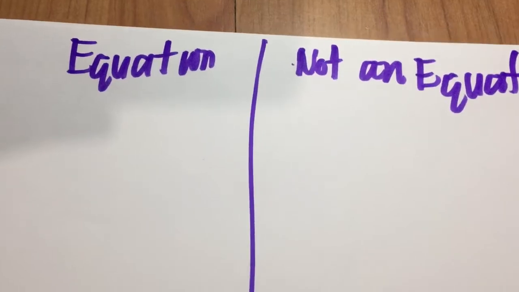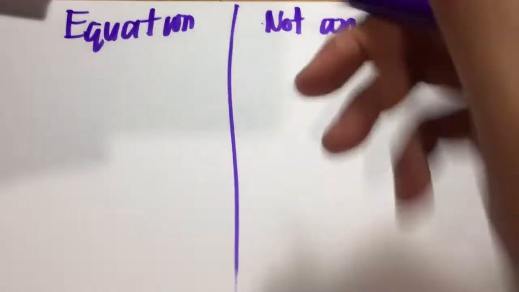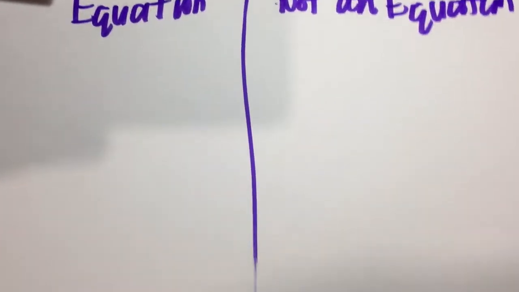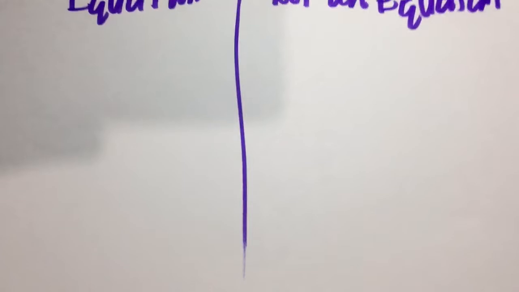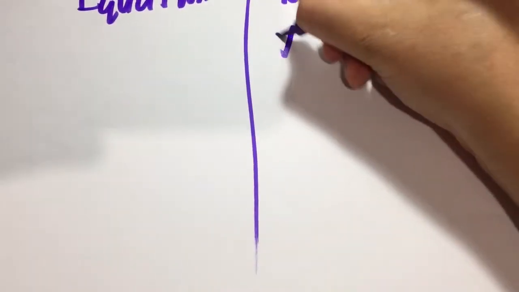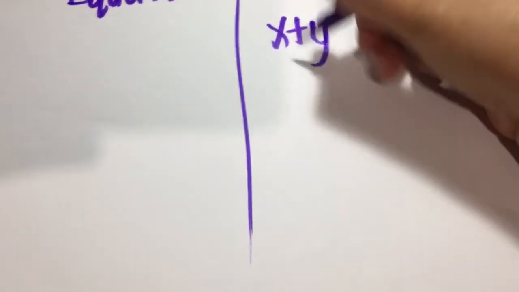Okay. The first example is x plus y. Where are we going to put x plus y? In the column of equation or in the column of not an equation? Okay, very good. x plus y is not an equation.